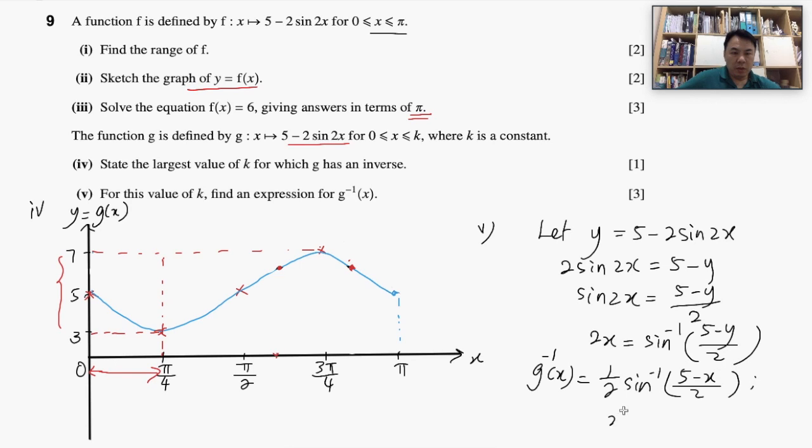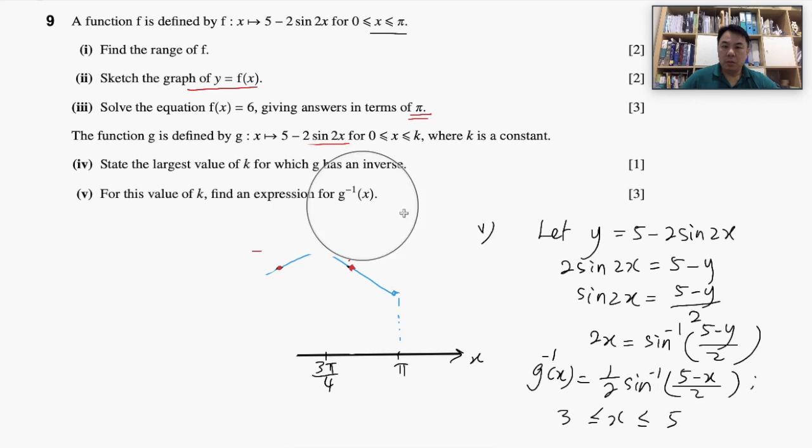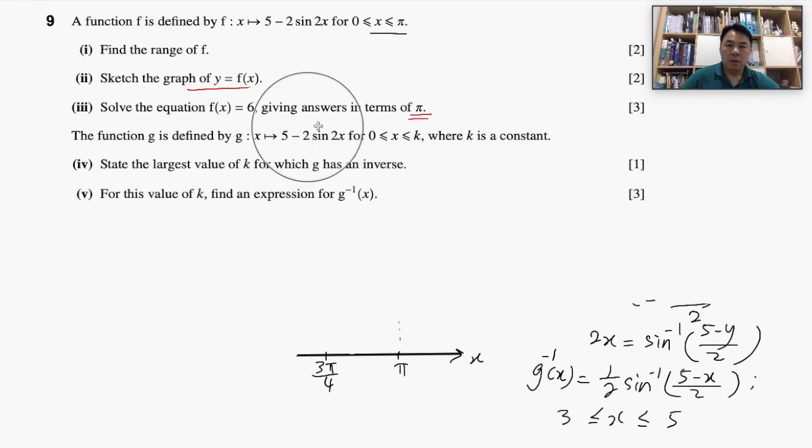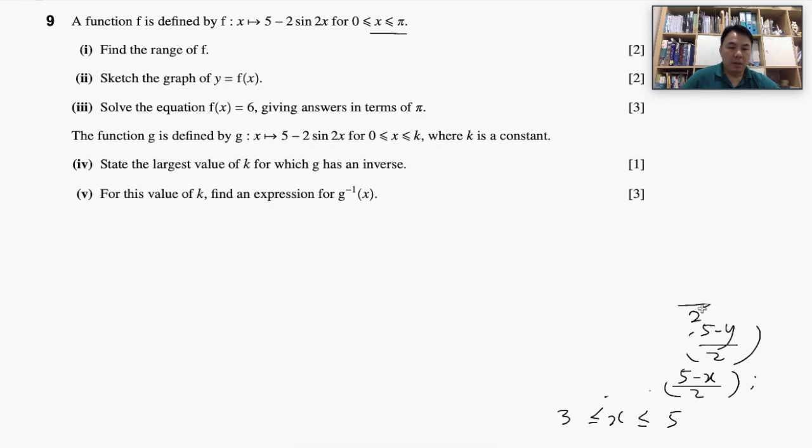The domain for this must be greater than or equal to 3 and less than or equal to 5, because the range for g(x) becomes the domain for the inverse. I hope that is clear to everyone. Okay, so I'm going to move on to number 10. Alright, we are almost there.